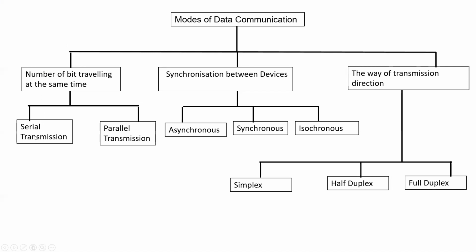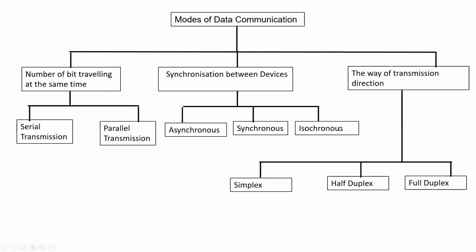So first is serial transmission and parallel transmission. Then next is synchronization, which is divided into asynchronous, synchronous and isochronous. We will see the detailed definitions of how they work in the next slides.